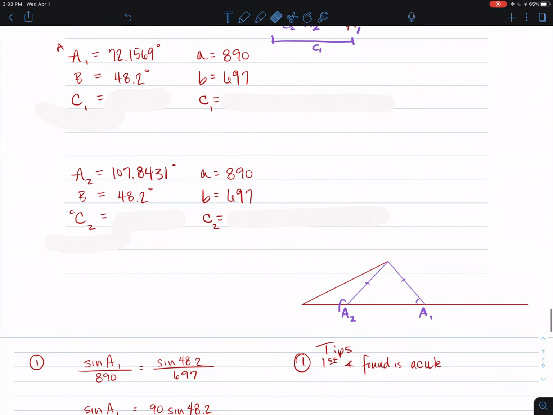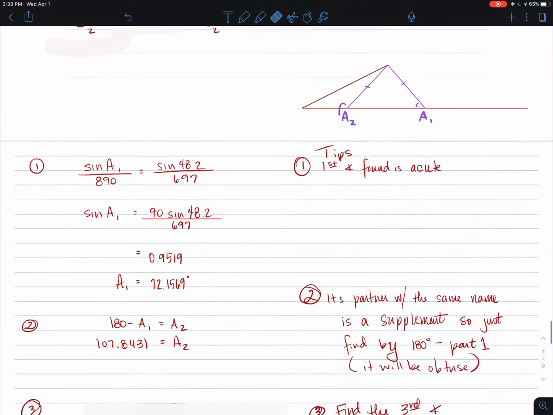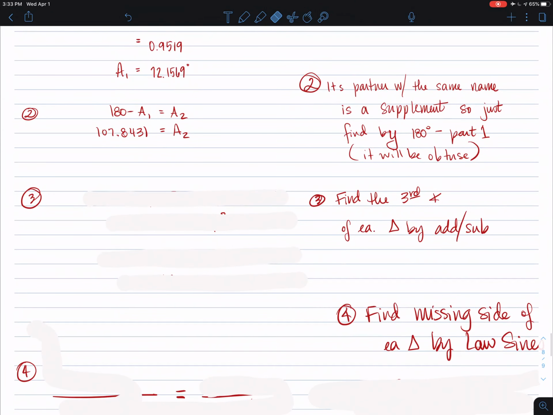So now it's easy to see by our charts that I have 2 out of 3 angles on each triangle. And so all I need to do now is find the third angles. So we'll come back down to our work and find the third angle of each triangle. This is done by adding and subtracting. So in order to find angle C1, I'm going to use my adding and subtracting, and I did store this in my calculator. You'll notice that I've got these tiny little letters that I've been writing down.